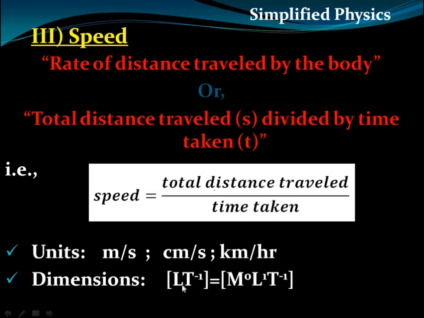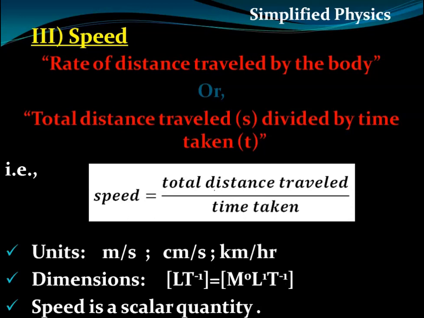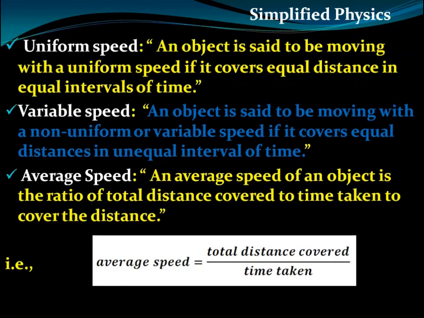And dimension is LT minus 1 or M0 L1 T minus 1. That means dimensions of the speed is 0 in mass, 1 in length, and minus 1 in time, and it is a scalar quantity.